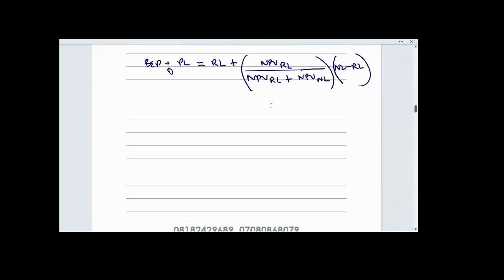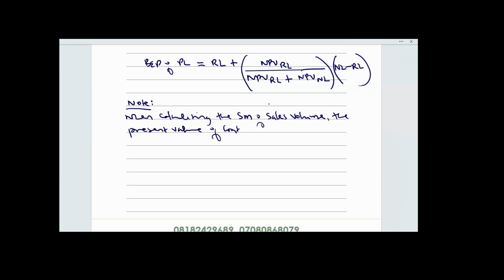So finally, notes. When calculating the sensitivity margin of sales volume, the present value of contribution should be used as the denominator.